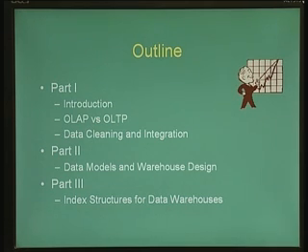The next two parts deal with the warehouse core itself, where we are talking about the data models that go inside the data warehouse, and some of the thumb rules which go towards data warehouse design. We will also look at some index structures for data warehouses based on the data models that we study, and see how they differ from those used in databases, like B plus trees, or B trees, or hash based indexes.